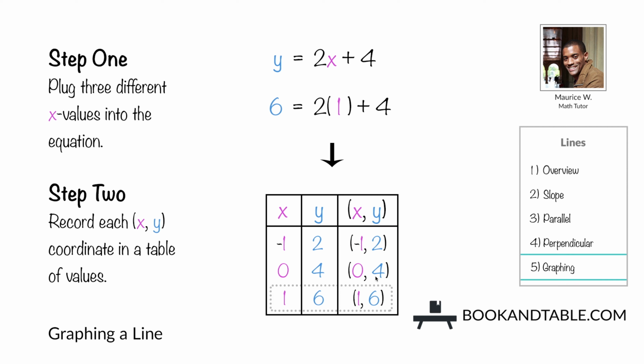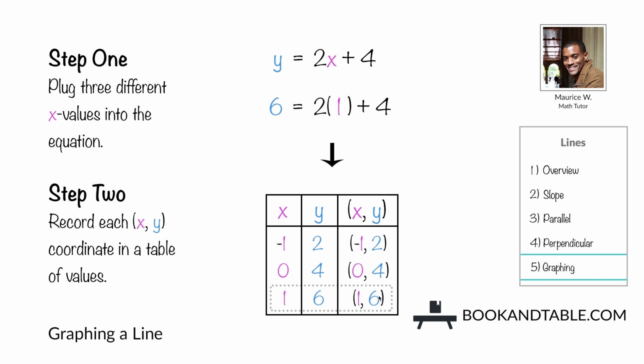And we do this a third time by plugging in 1 for x. 2 times 1 is 2. 2 plus 4 is +6. So our third coordinate is 1, 6. Once you have your table of values, we have the 3 points along the line we want.